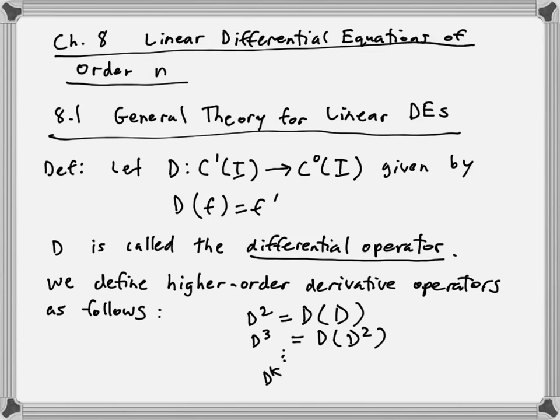So what would D to the K be? D to the power of K would be D of D to the K minus 1. So what this means is that we can now define any order derivative using this D operator. So D to the K, since we're taking K derivatives, we need it to be K times differentiable.